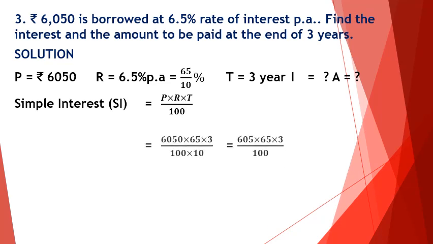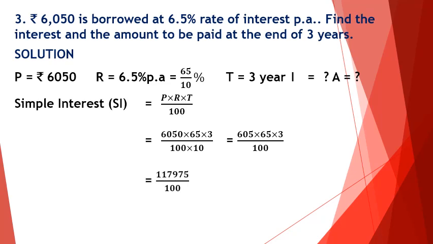So we get 6050 into 65 upon 10 into 3 whole divided by 100. Cancelling 10 in the numerator and denominator, we get 605 into 65 into 3 whole divided by 100. While multiplying the numerator, we get 1,17,975 whole divided by 100.